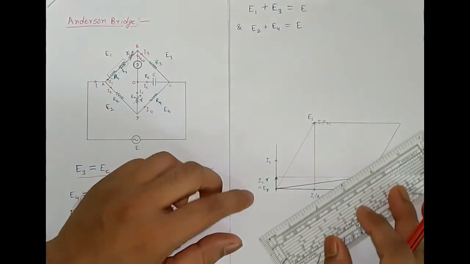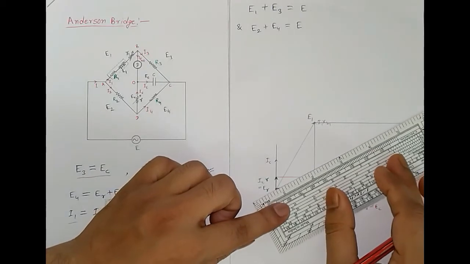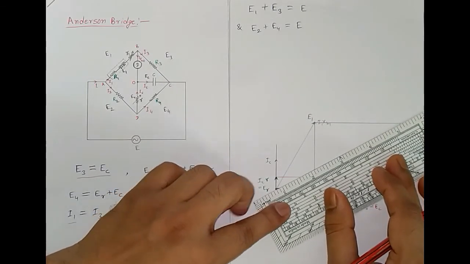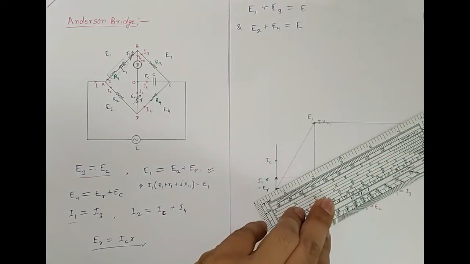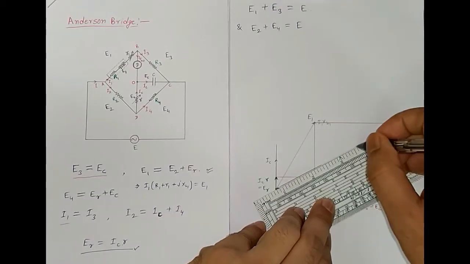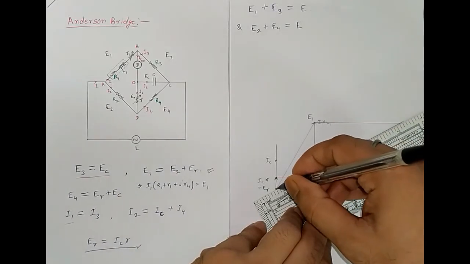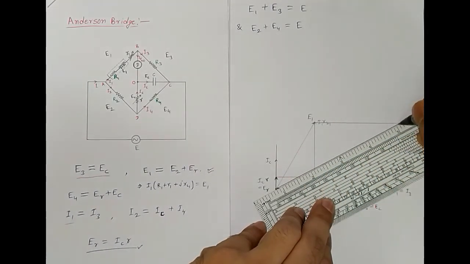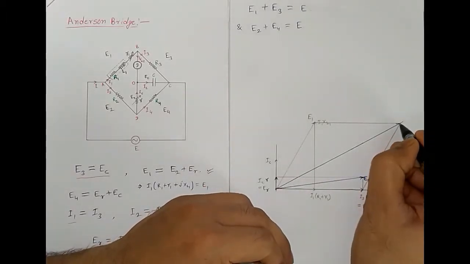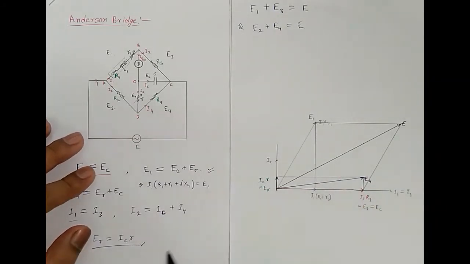The resultant of E1 plus E3 gives us E. So this resultant will be E. Let us assume this is E. Now this is E.